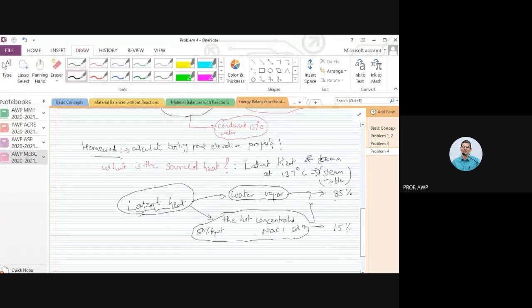We have one answer 85 and 15, another answer 99.5 and 0.5. Any other answer? Praveen, just check your values. Yes, sir. So it is 0.5% and 99.5, sir. Just check your values.